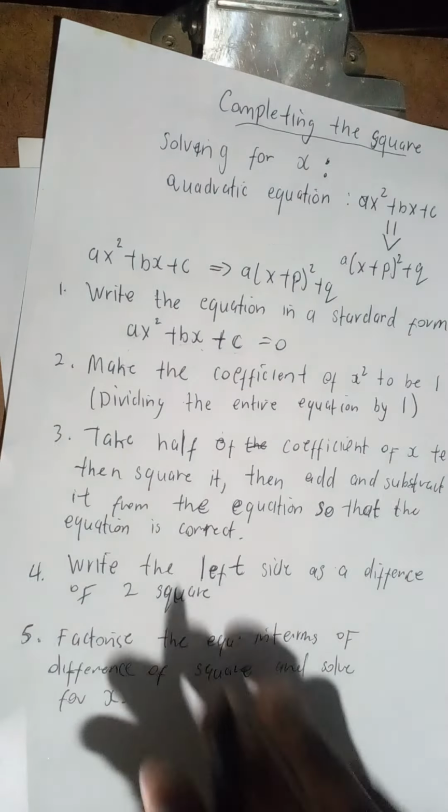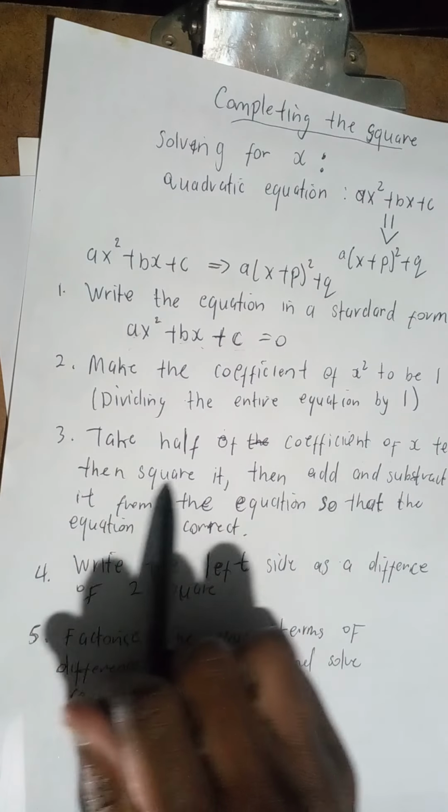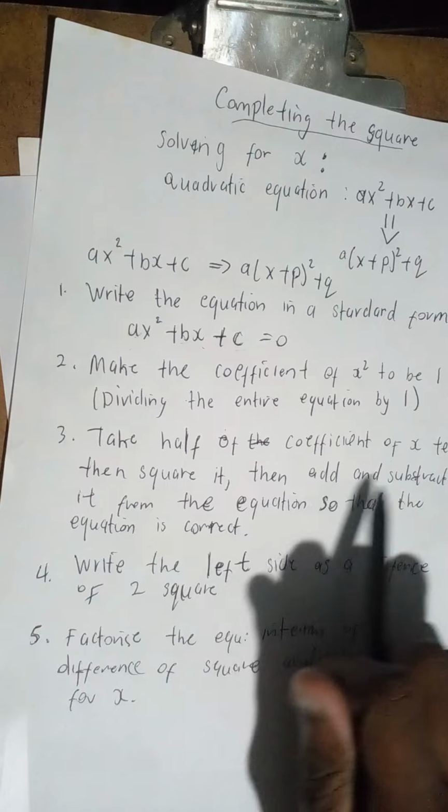You take your value of b, which is 10, you multiply it by half, and then you square it, as the statement says. You take half of the coefficient of x, then you square it. Then you add and subtract it. So that's what we are doing now.